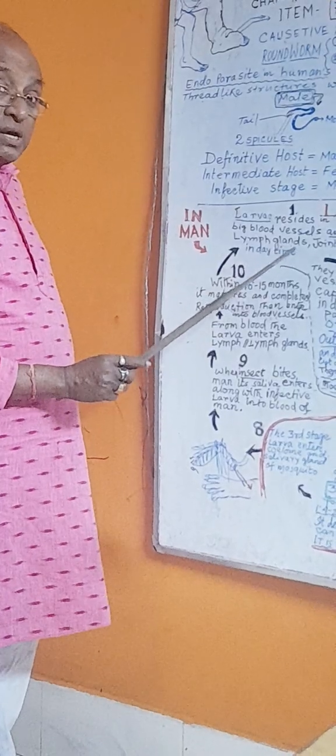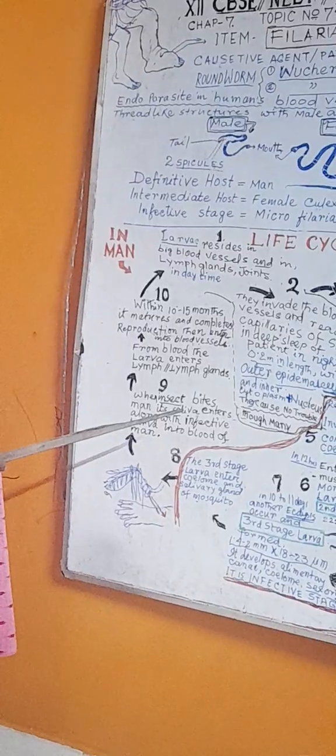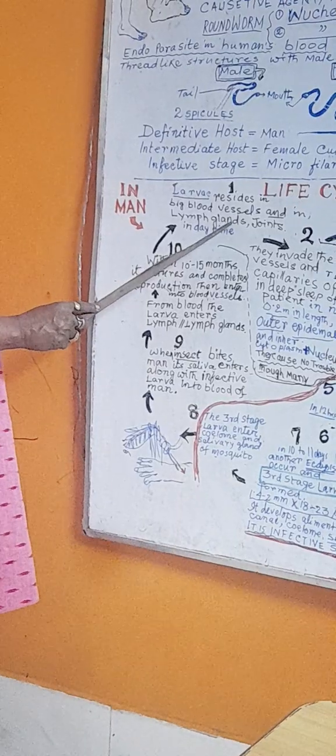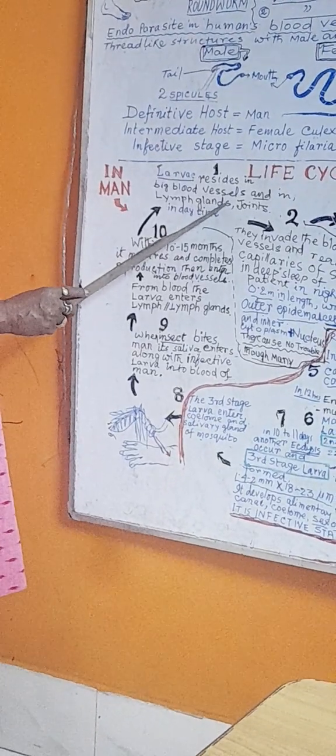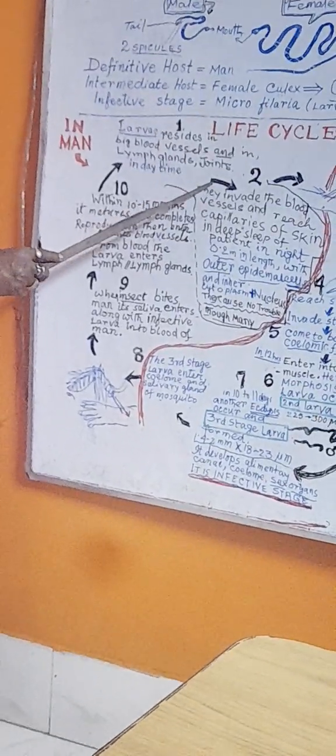But when it can be collected, it comes to the skin. When the larva remains within the body, it does not come to the skin level. It remains in the deep blood vessels and deep lymph glands.